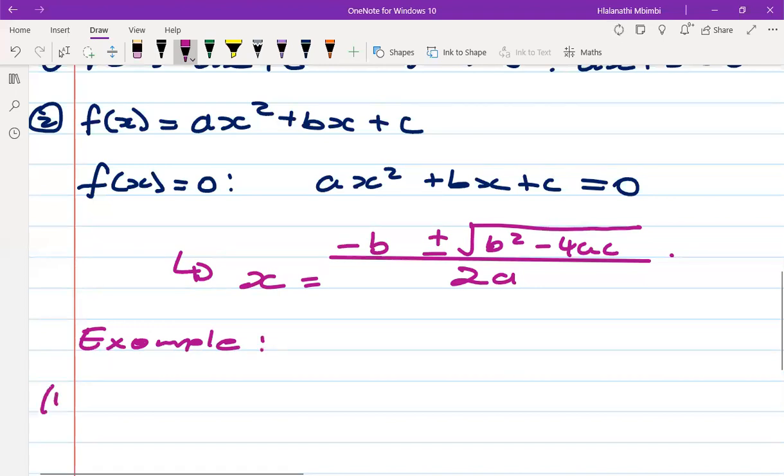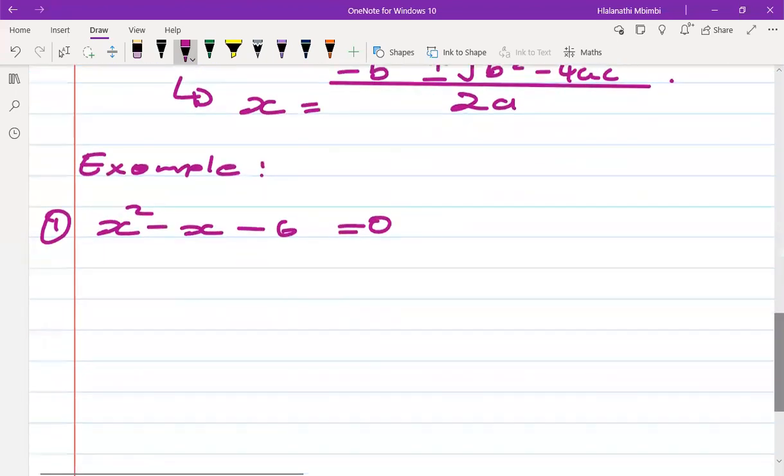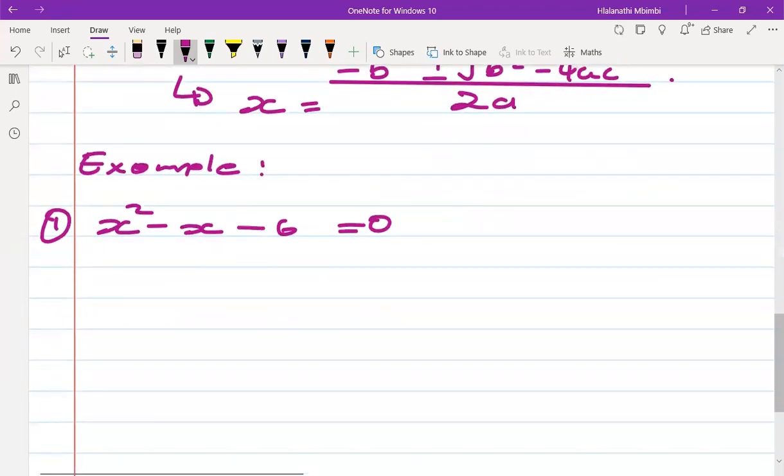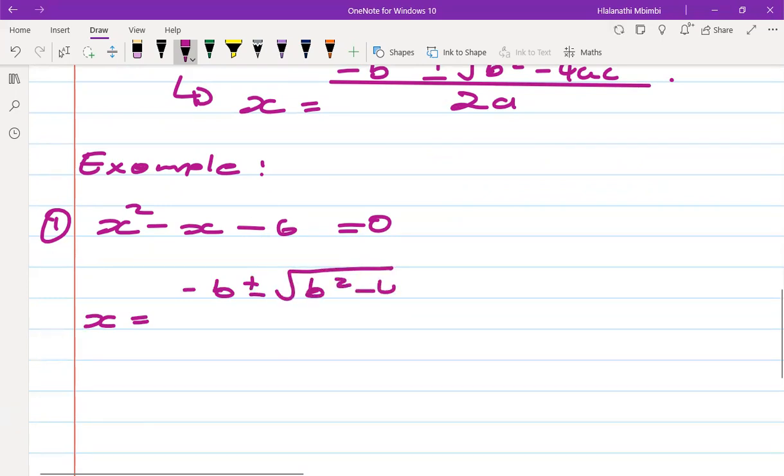If someone gives you something like x squared minus x minus 6 is equal to 0, can people quickly solve this for me? You can use the equation, x is equal to minus b plus or minus the square root of b squared minus 4ac, over 2a.